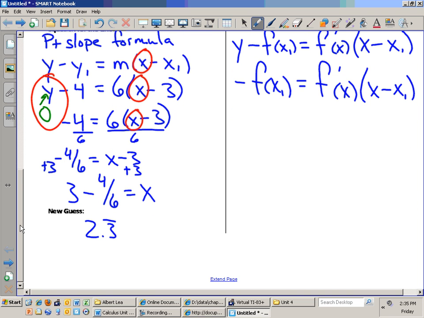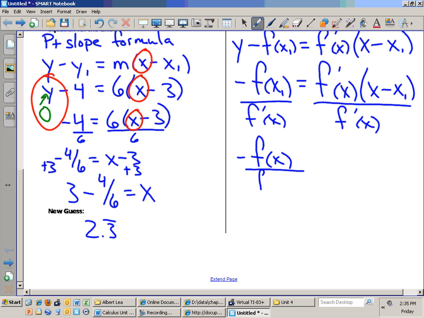If I divide both sides now by f prime of x, I get negative f of x over f prime of x is equal to x minus x sub 1.